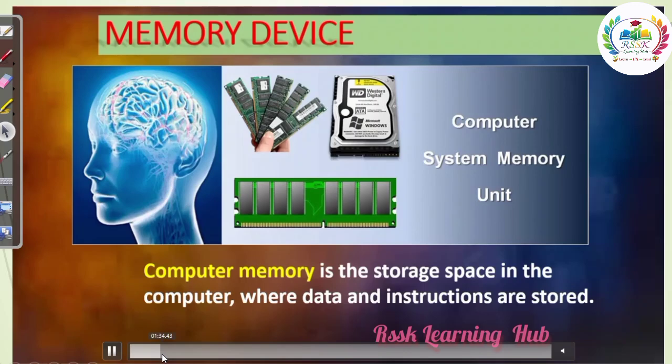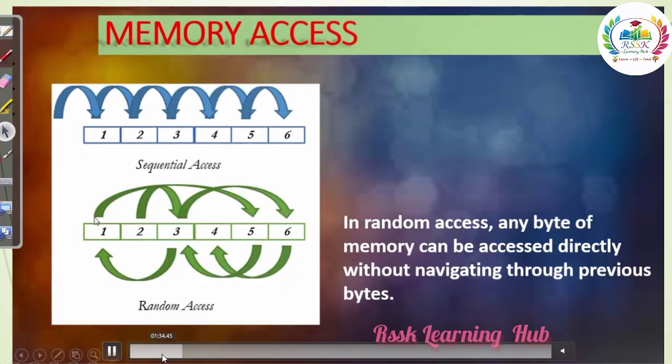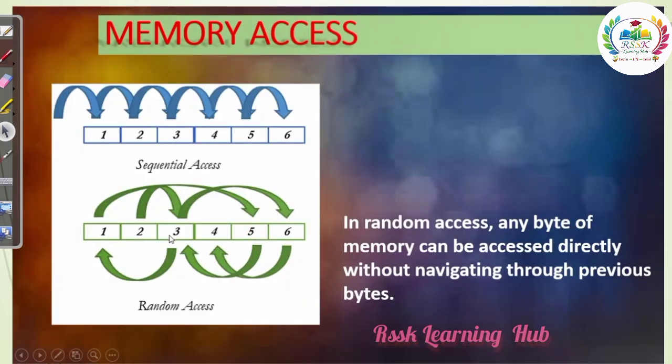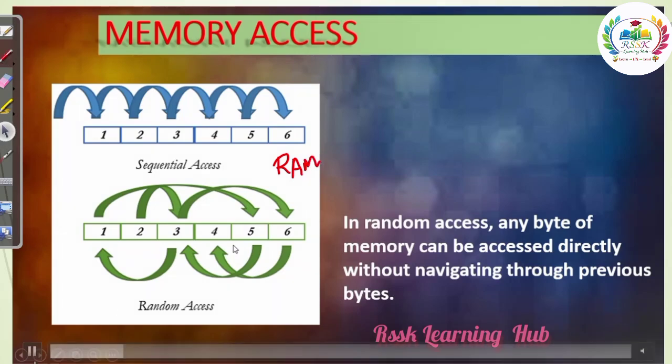So here for storage we are going to use random access memory, RAM. RAM stands for random access memory. So how can you access the data from your memory? That is the random access memory.